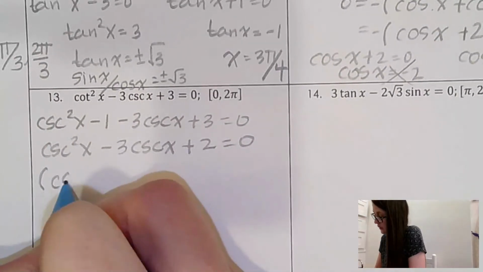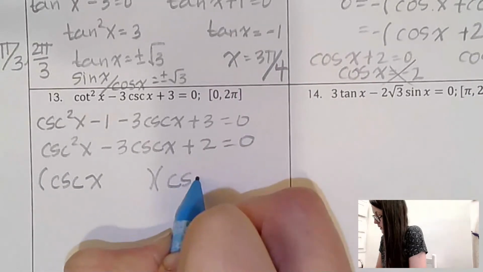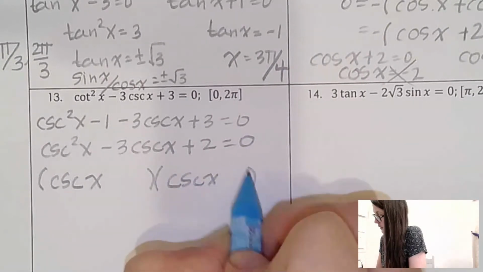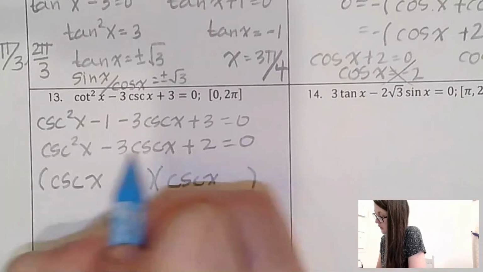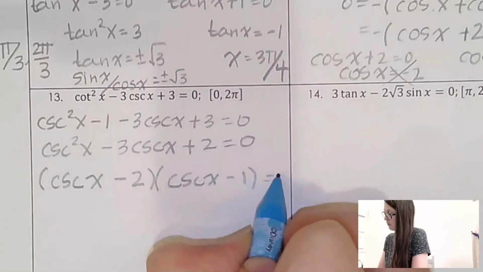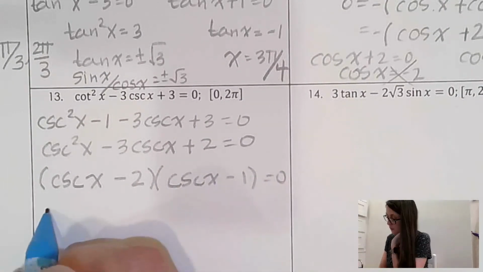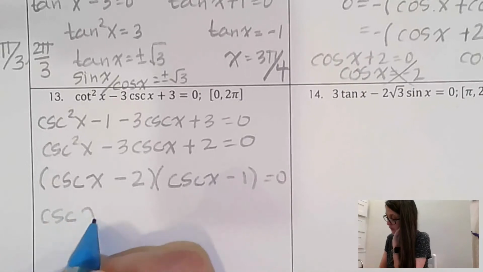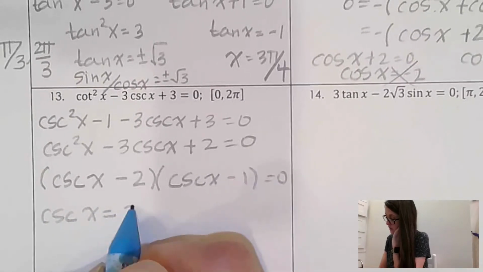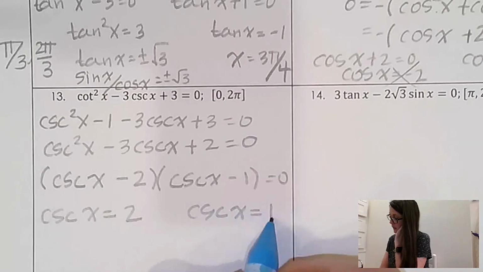So this will be cosecant of x, cosecant of x. So it multiplies together to give you 2 and adds together to give you negative 3. So this is going to be negative 2 and negative 1, because they'll both have to be negative here. So we'll let cosecant of x be equal to 2, and cosecant of x will be equal to a positive 1.